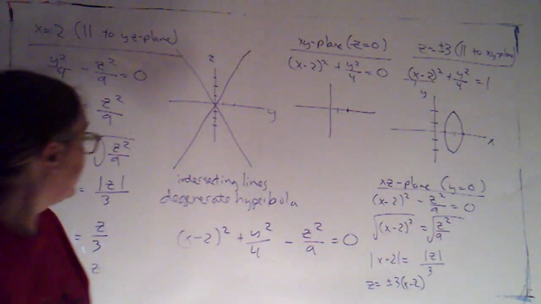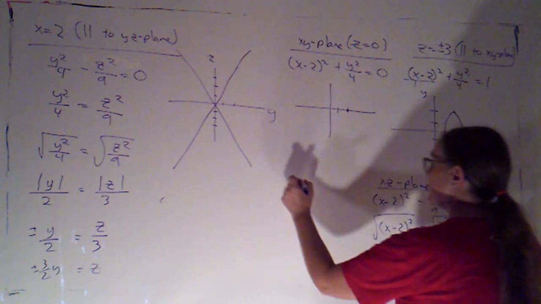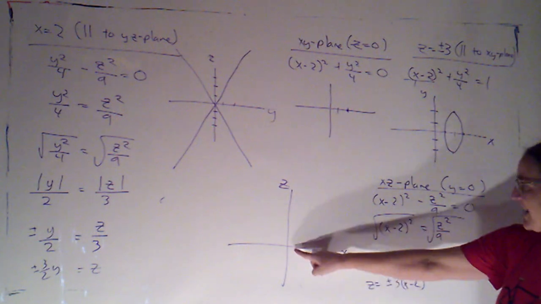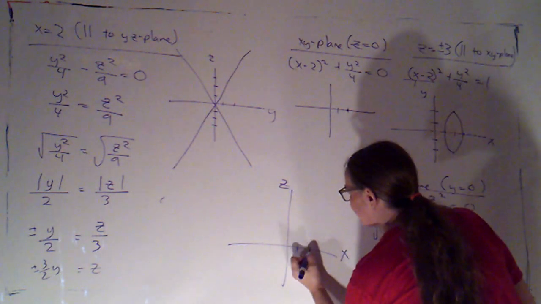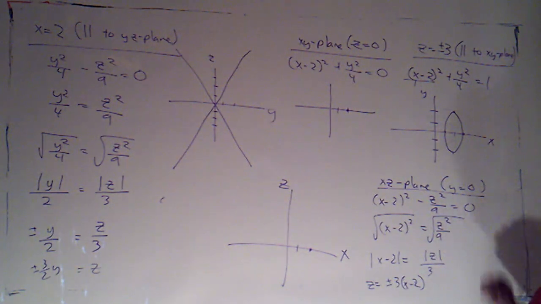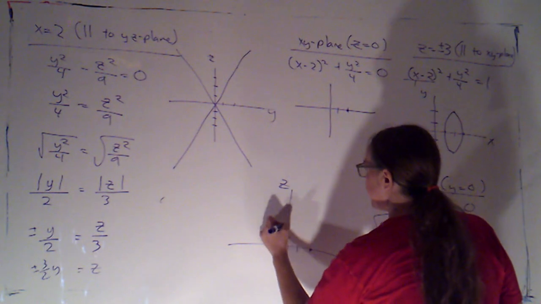All right, so if I draw that, that's again going to be intersecting lines. But instead of passing through the origin, they're going to pass through this point 2, 0. Okay, because that's where this is centered. And their slopes are plus and minus 3.